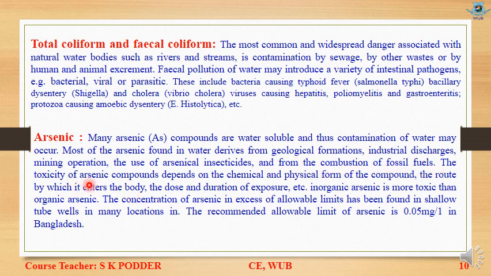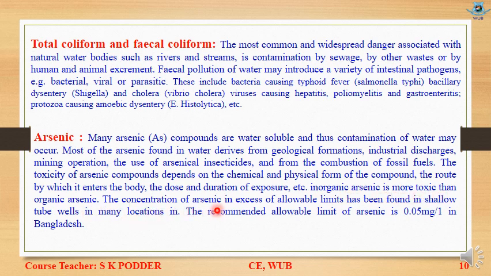The toxicity of arsenic compounds depends on the chemical and physical form of the compound, the route by which it enters the body, the dose and duration of exposure, etc. Inorganic arsenic is more toxic than organic arsenic.